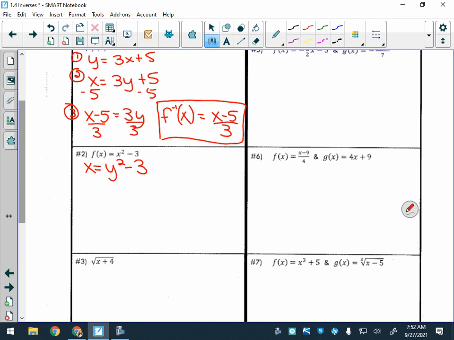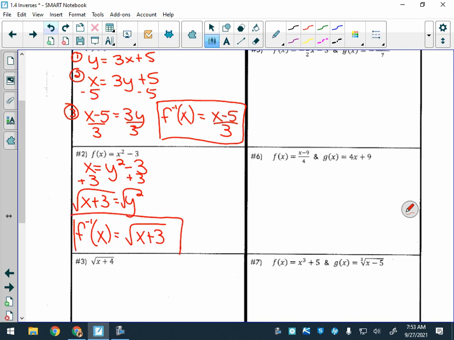What do we do first? X plus 3. Okay, now what? Yeah, Everett. Yep. That is our inverse.